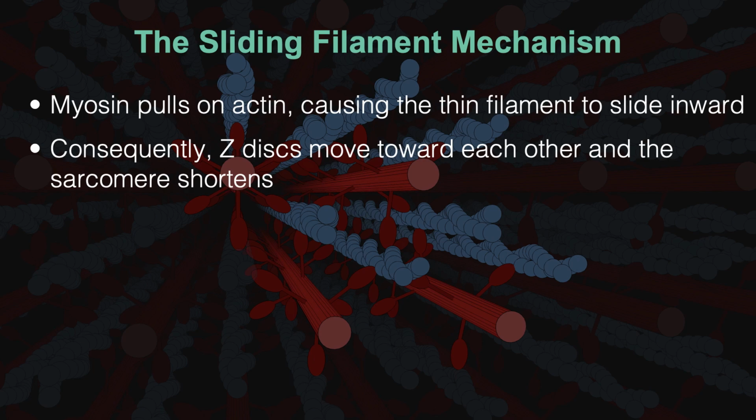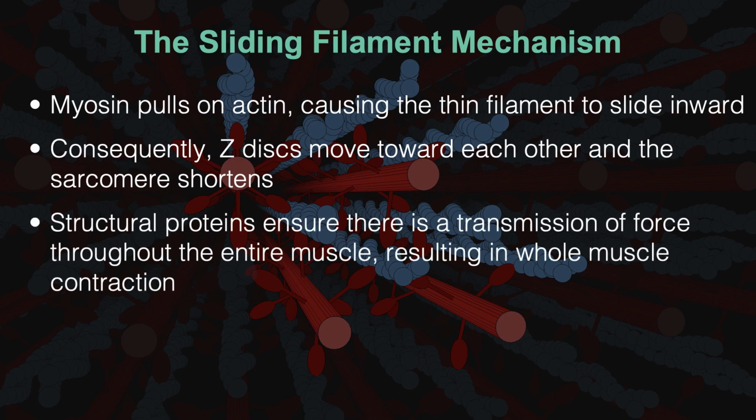It does that the entire length of the myosin filament. It pulls all of the actin it can possibly get its hands on. So the entire sarcomere compresses. The Z discs, the bookends, are drawn closer together. The proteins themselves don't actually move, or they don't actually change shape.